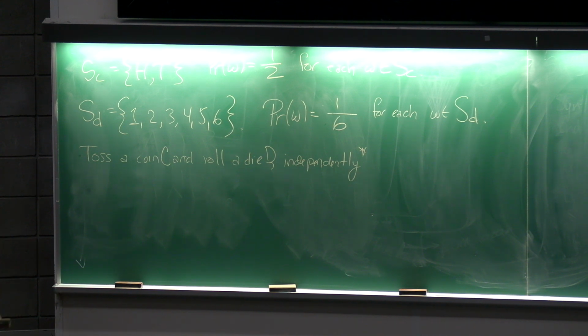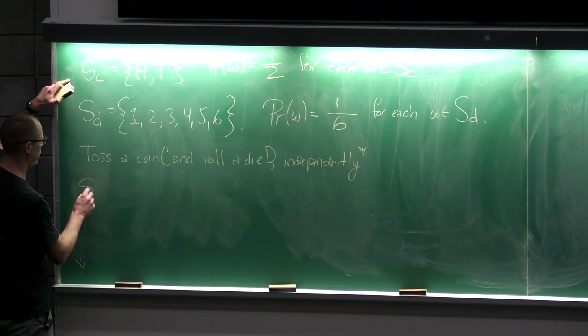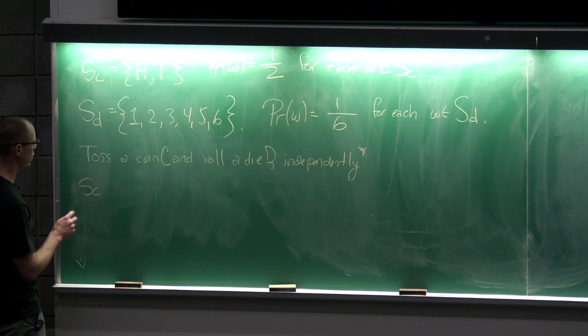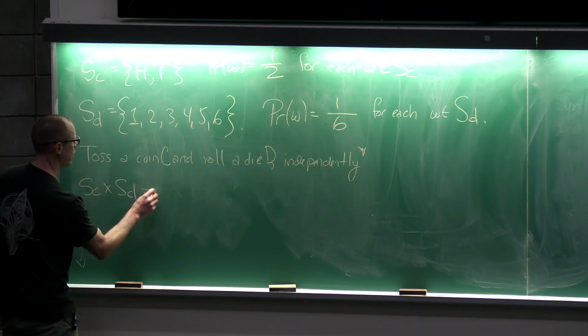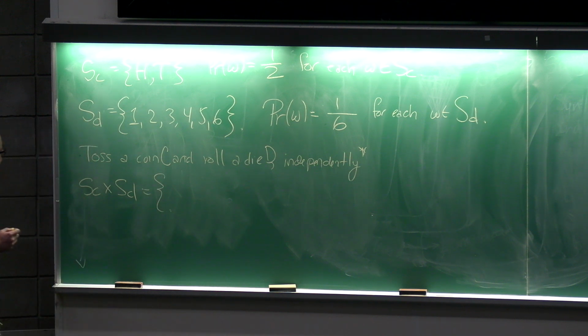So when someone says something like this, essentially they're defining a new probability space, a compound one. The set of elements that are in that space are given by what's called the Cartesian product, S_C cross S_D, which is what you think it is. It's a set of things that come in pairs.